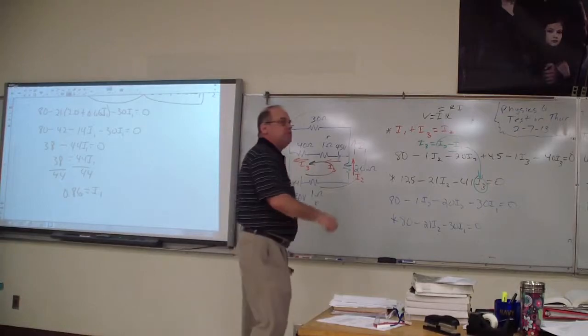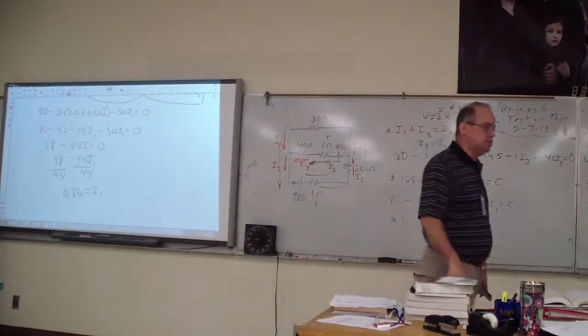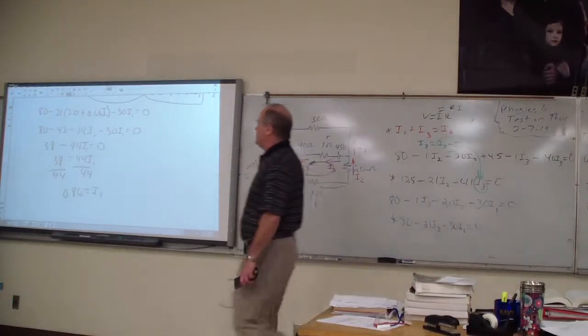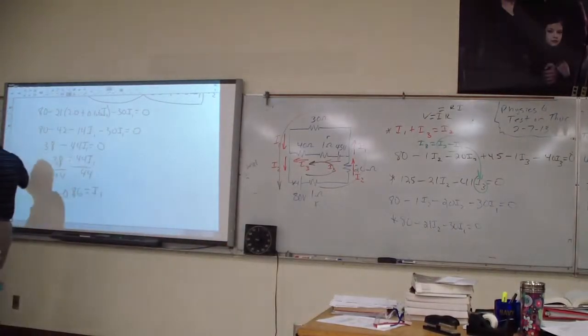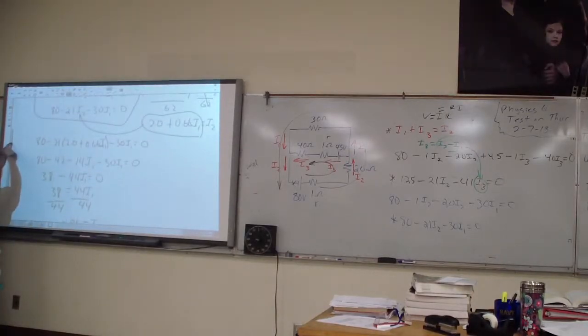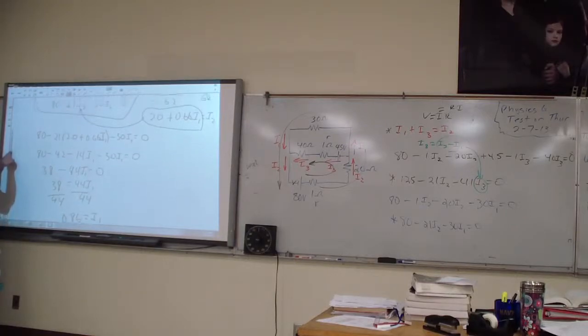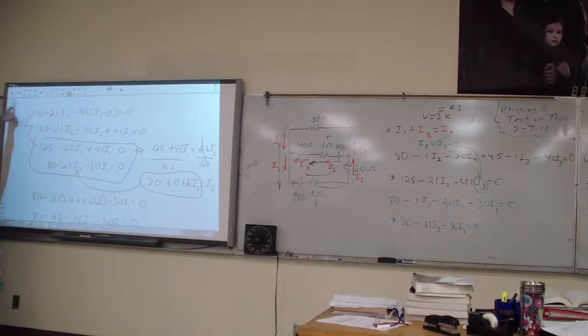All right, now, that was the hard stuff, guys. Thank goodness it's over. Now let's do the easy stuff. Which one do you want to solve for first? Remember that, guys. You put it in there. Okay, I got I1.